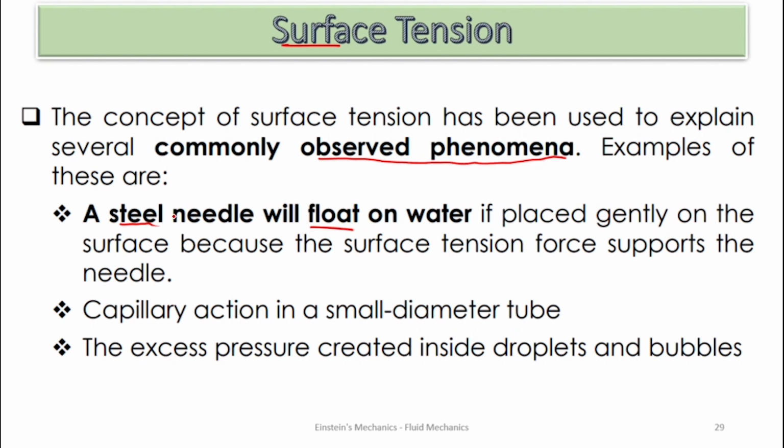That's interesting. A steel needle floats on water if placed gently on the surface, and this is due to the surface tension force that supports the needle. Under normal circumstances, a steel needle should sink when dropped into water, but it can float if we gently place it on the surface.